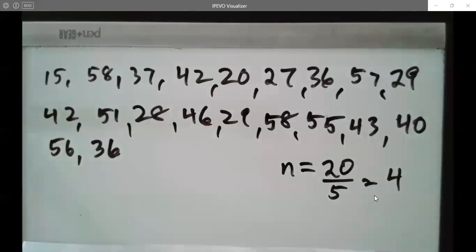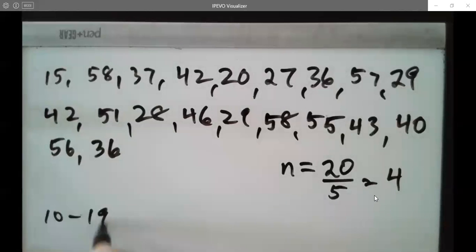So we can start off here with 10 to 19, 20 to 29, 30 to 39, 40 to 49, 50 to 59.